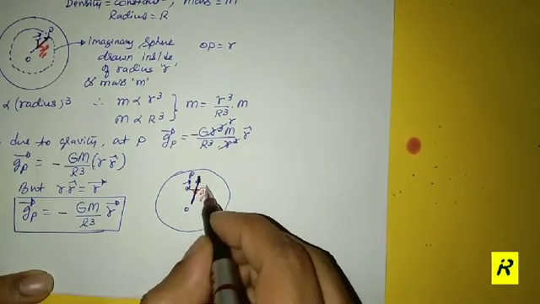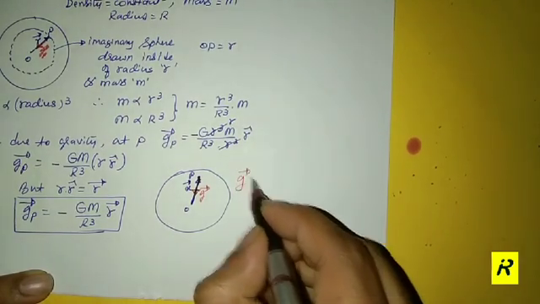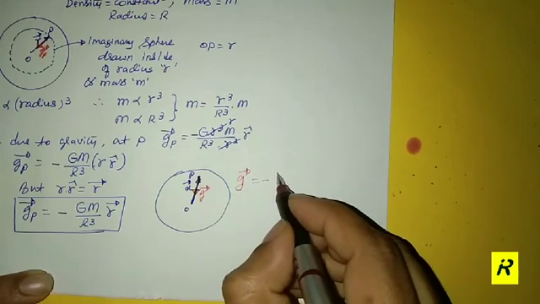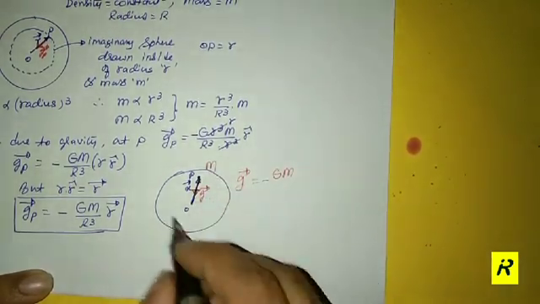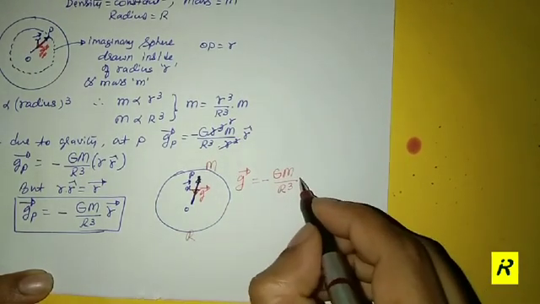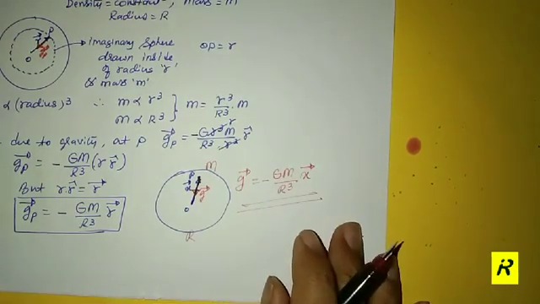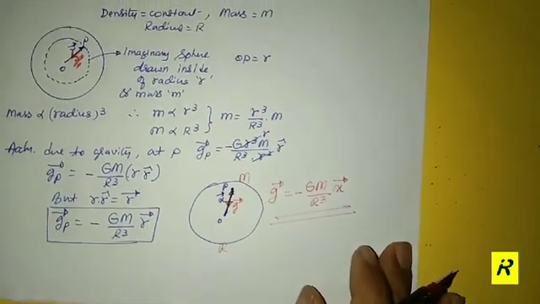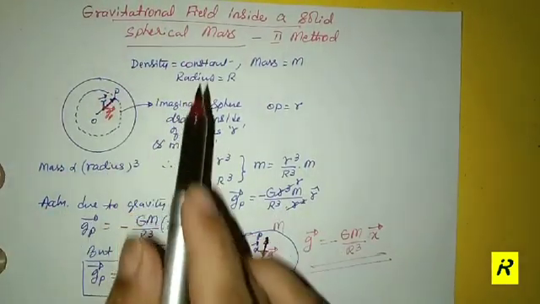So G is always acting in inward direction. So it should be written like G vector is equal to minus GM, M is the mass of this one and whose radius is R. So it should be R cube and it should be multiplied by x vector. So this is how you should remember. This is one of the alternative answers for the gravitational field inside a solid spherical mass.